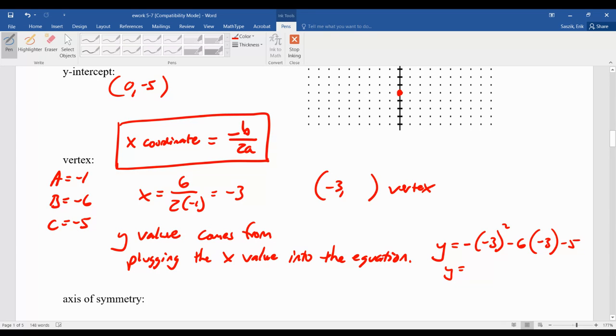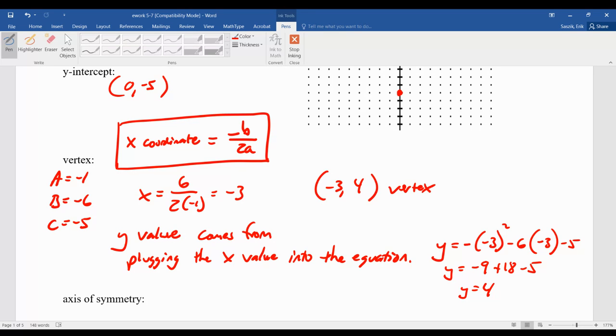Now you got to be careful with this. You got to do PEMDAS. -3 squared would be 9, and 9 times -1 would be -9. Negative times a negative is positive. So this comes out to what? It comes out to 4. So our vertex is -3, comma 4.